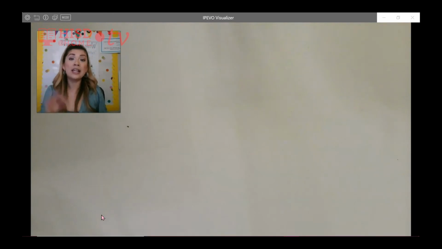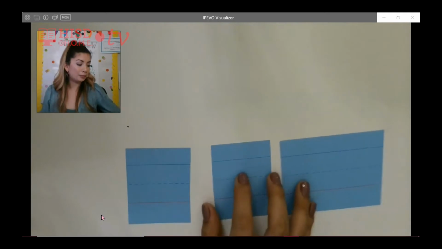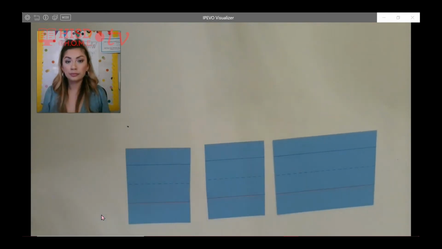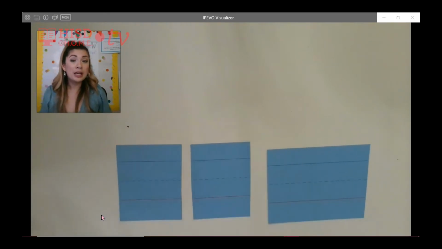Now let's take a look at another word. Basketball. Clap with me. Basketball. How many chunks, how many syllables are there in the word basketball?